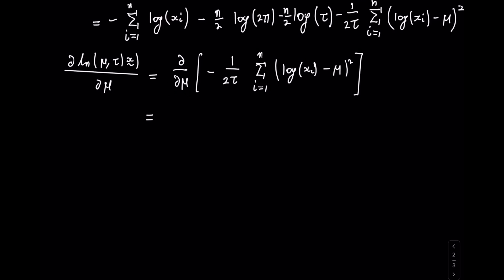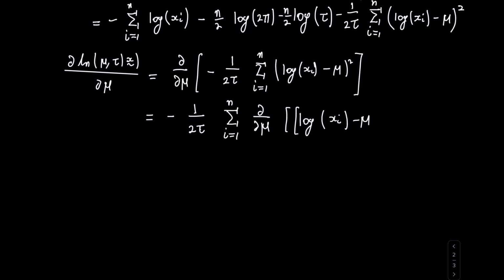What we can do here is the equivalent of bringing through the sum i equals 1 to n of d on d mu of (log xi minus mu) squared.